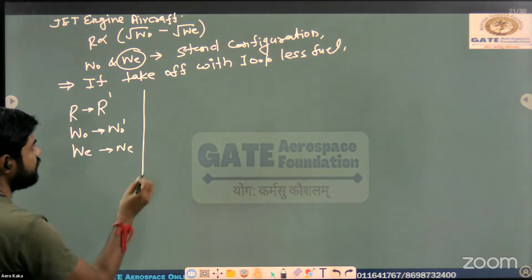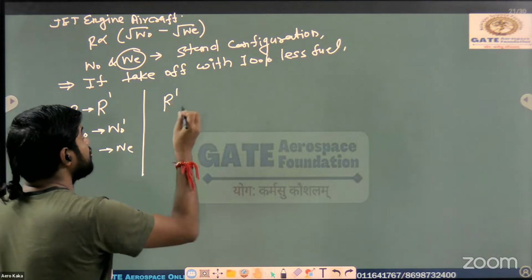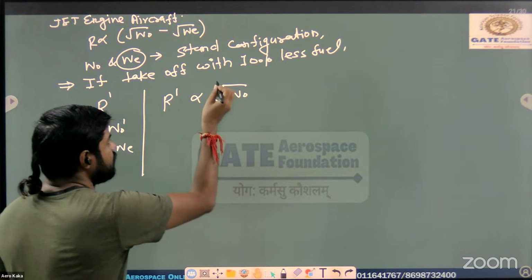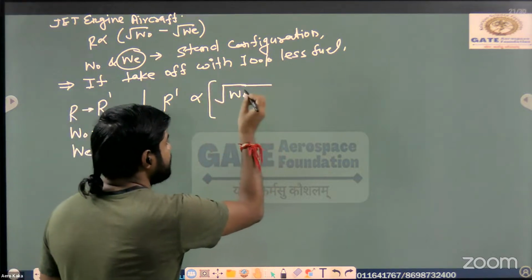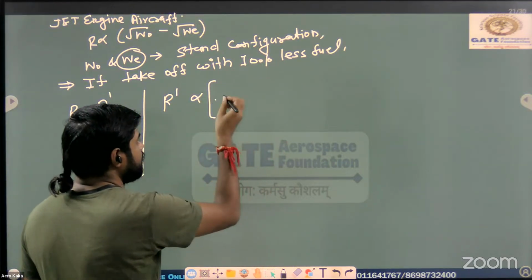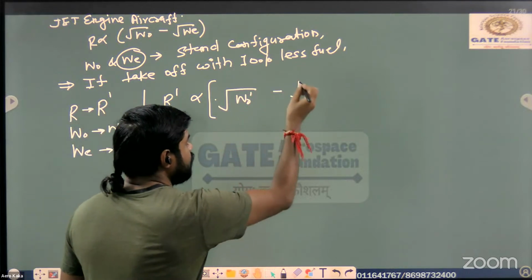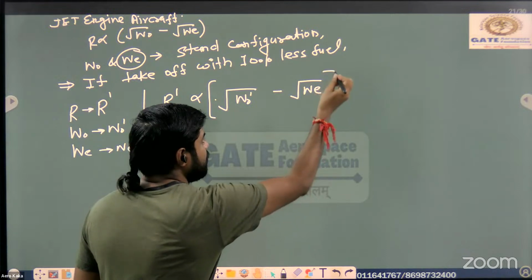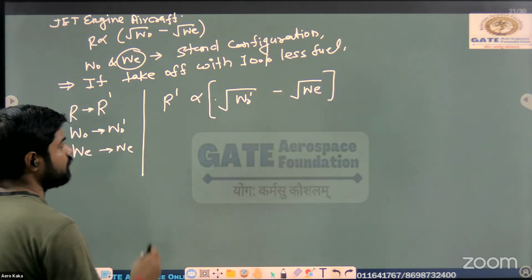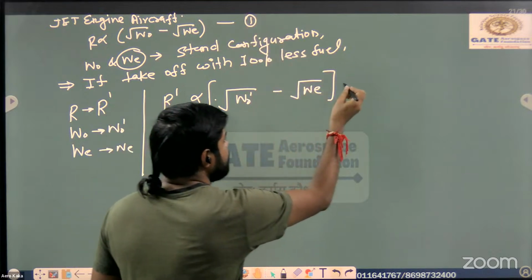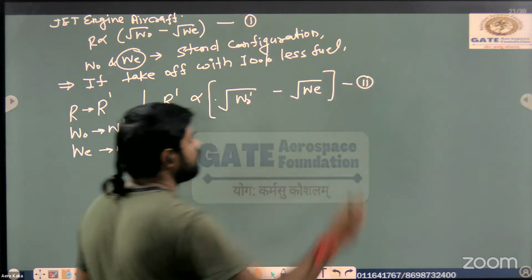So R prime is proportional to root of W0 prime minus root of WE. Let's call this equation number 1, and this equation number 2.